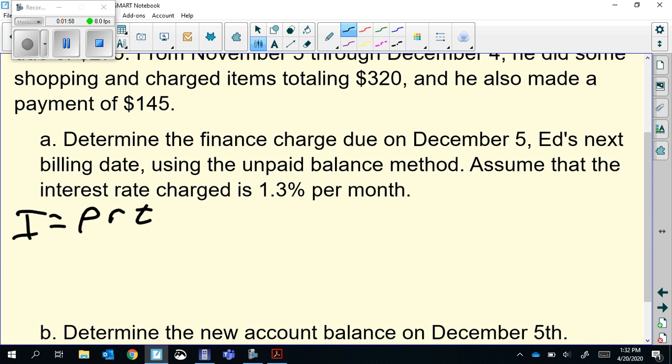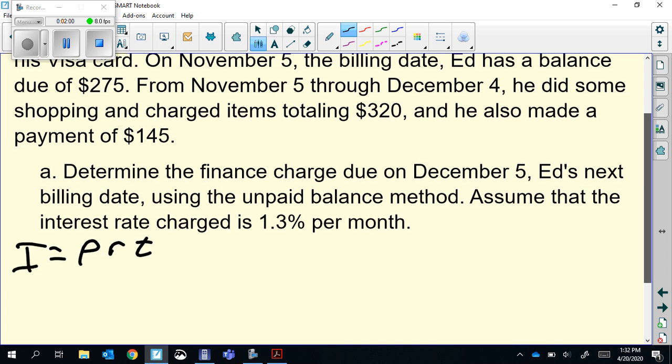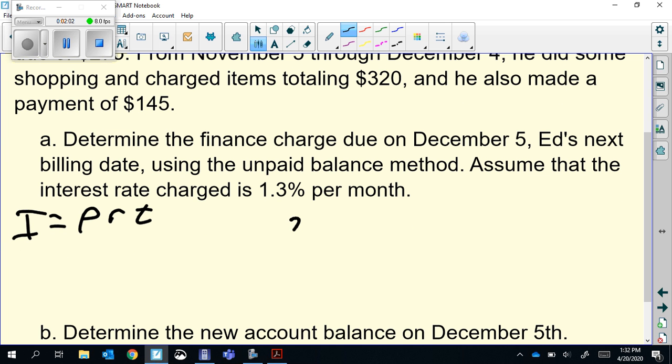Since he had the $275, and the rate is 1.3% per month, we're going to factor in how much interest that would be for that month from November 5th through December 5th.